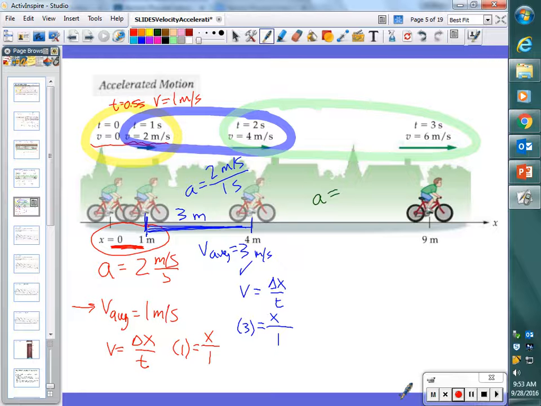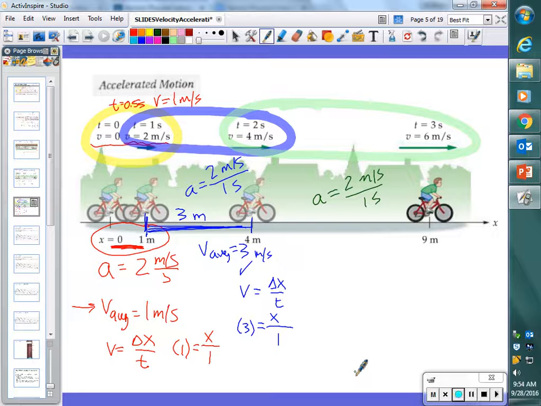And how long does that take? 1 second. So here, the velocity goes up from 4 to 6, and that takes 1 second, so that means our acceleration is what? 2 meters per second squared. Okay?